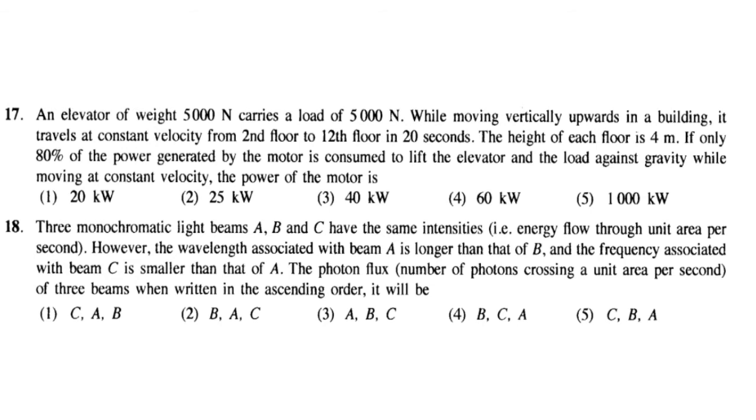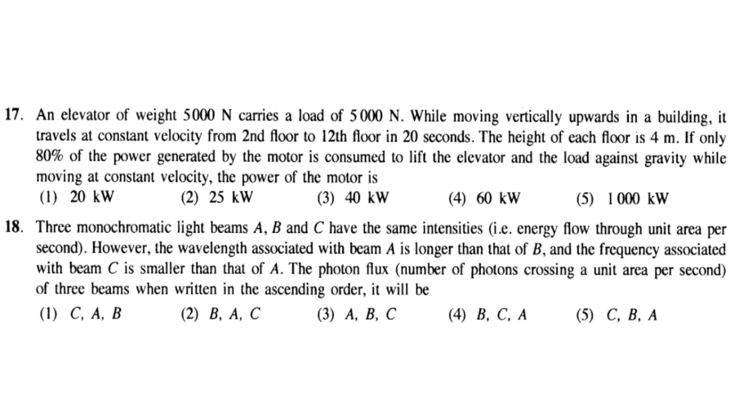Now, the weight of the elevator is 5,000 and the load is 5,000. Total weight downwards is 10,000 Newton, and it moved from the second floor to the 12th floor.